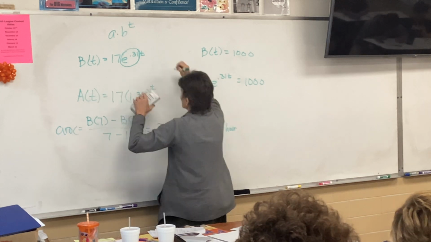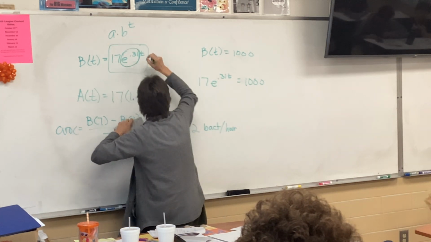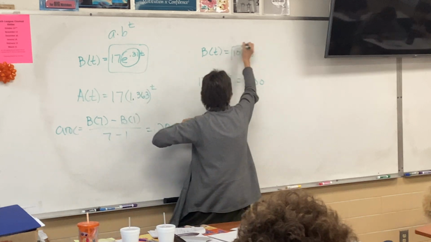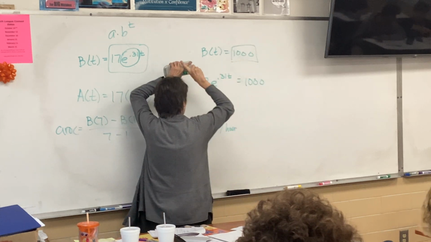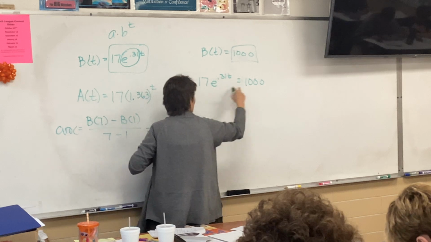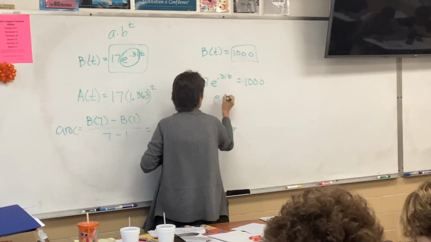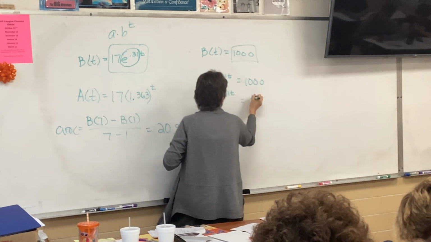Again, you would be graphing this as one equation, this as the other equation, and looking where they cross, or you're gonna set them equal to each other and use logarithms.